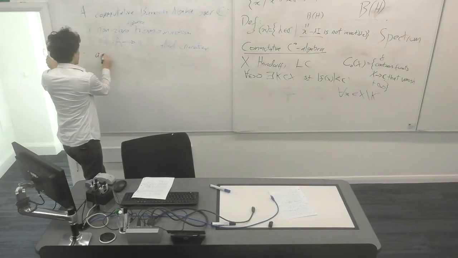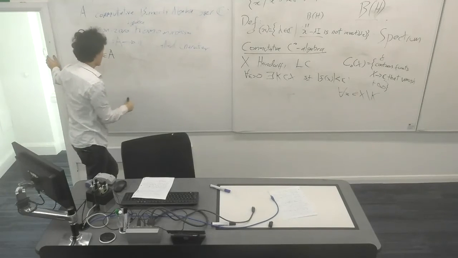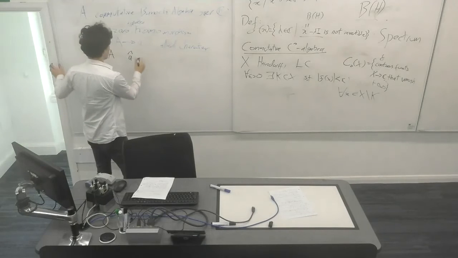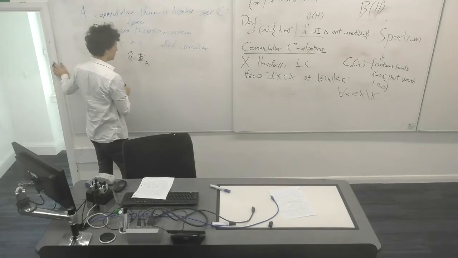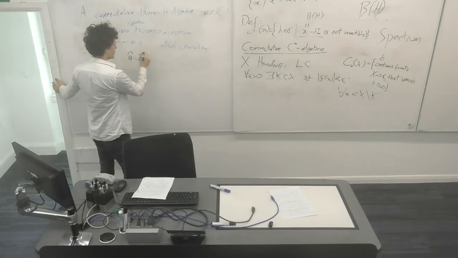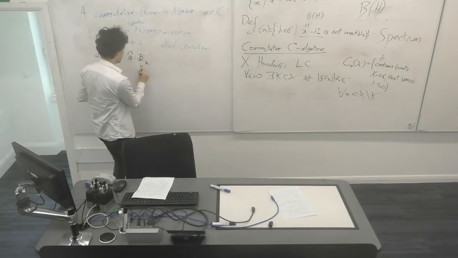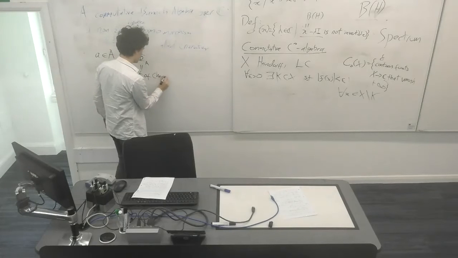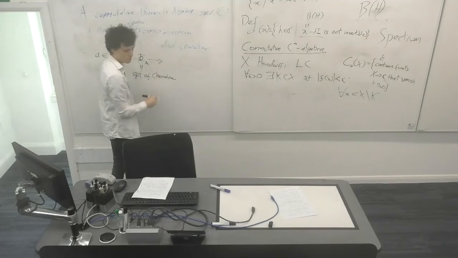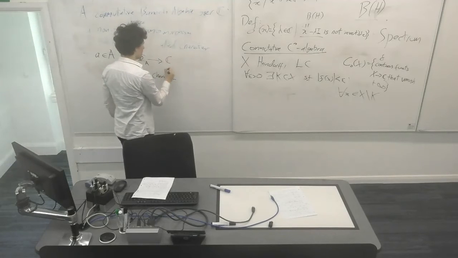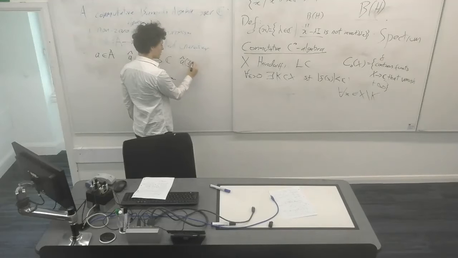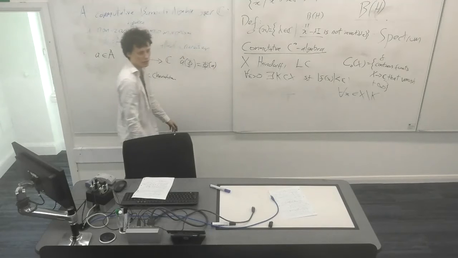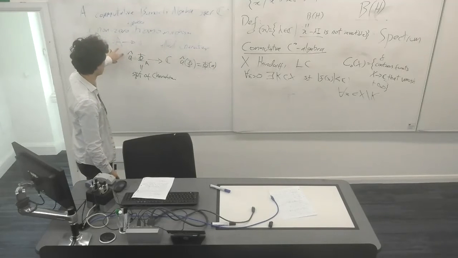So given an A in the algebra, we're going to find this function, A hat, from phi A, the set of characters, to C. And we define the A hat of a character as just the character evaluated on A. So these are actually equivalent.